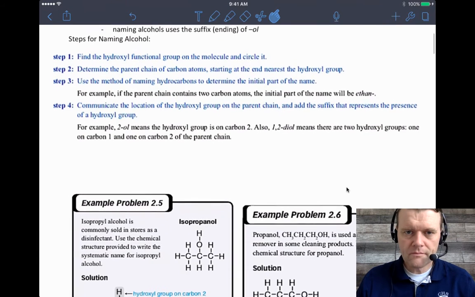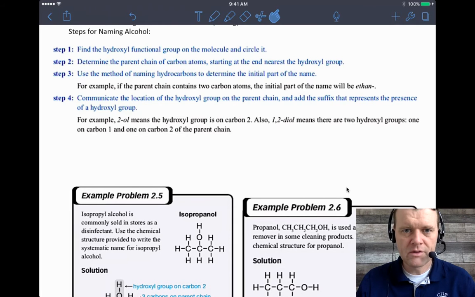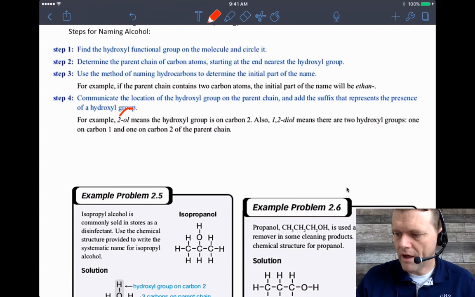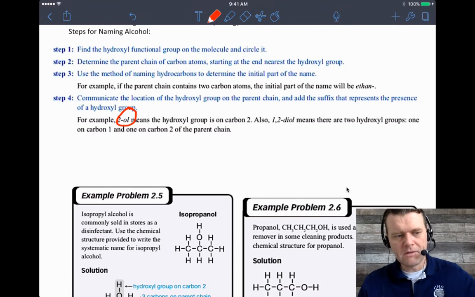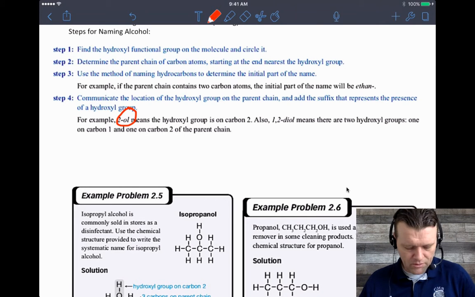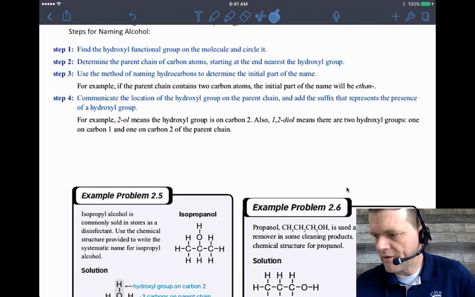Then you use the method of naming hydrocarbons to get the initial part of the name, and you're basically just looking for this OL suffix, or ending, to change it to alcohol. You've probably heard that term a lot. Then yes, we might have to use a number to determine where the alcohol is placed. So let's walk through these really fast.